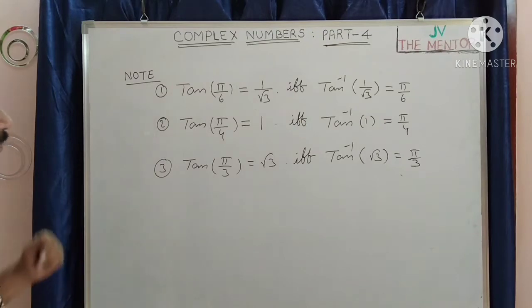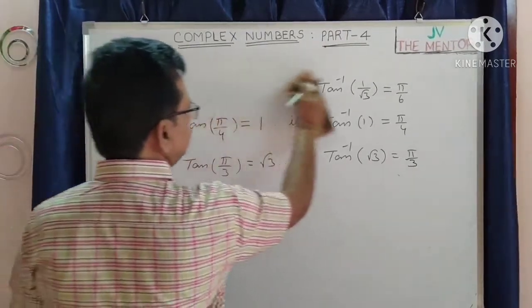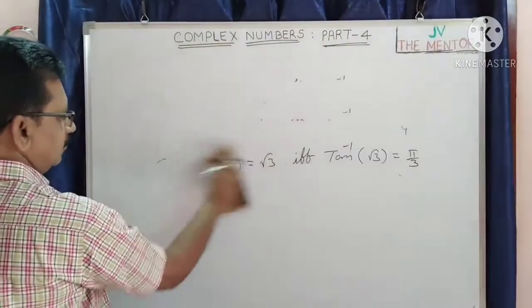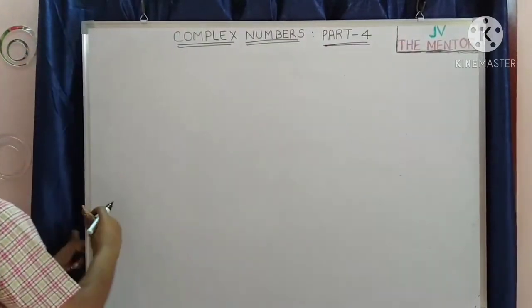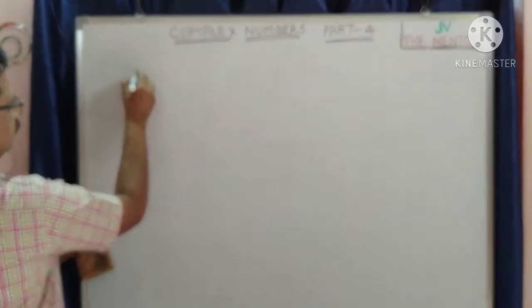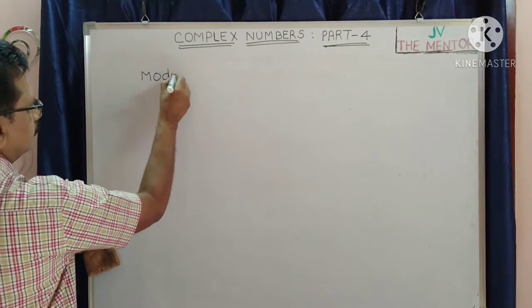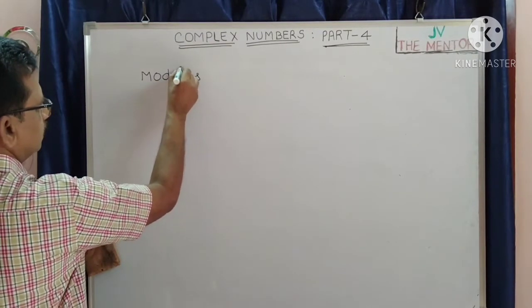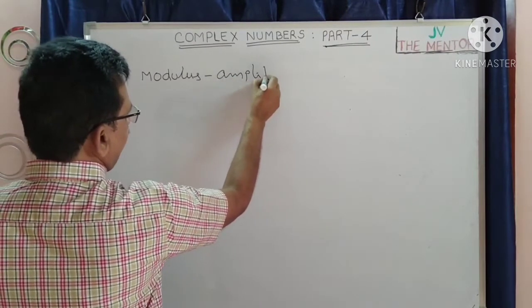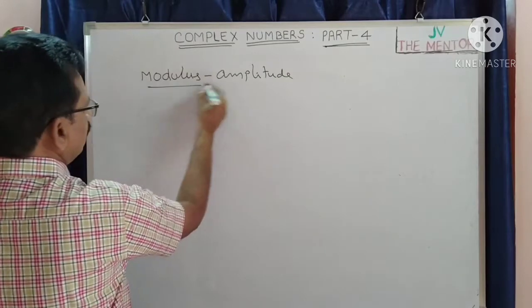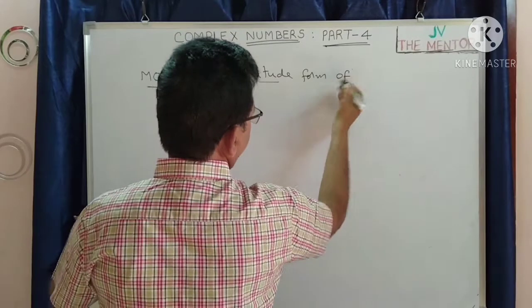Modulus amplitude form of a complex number.